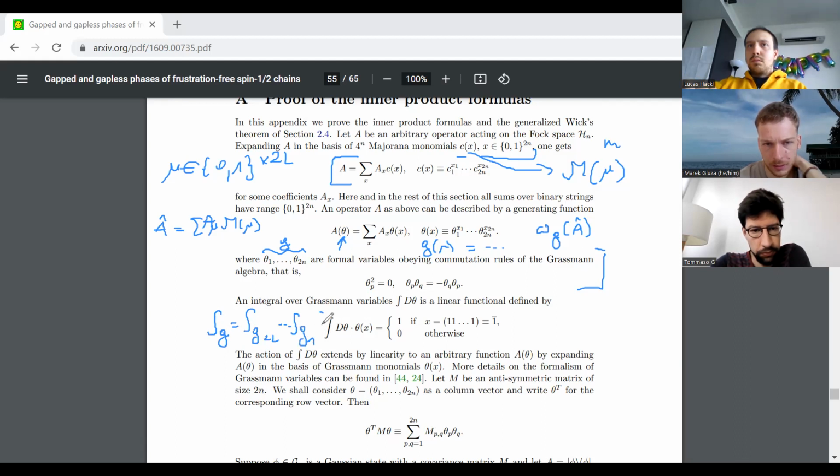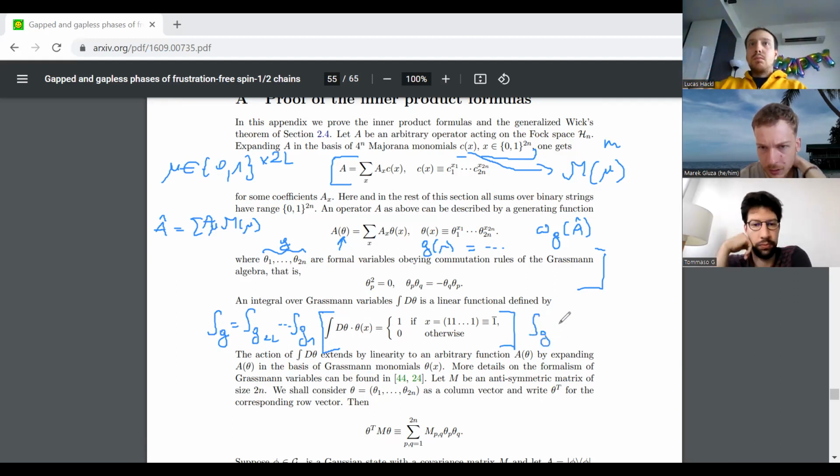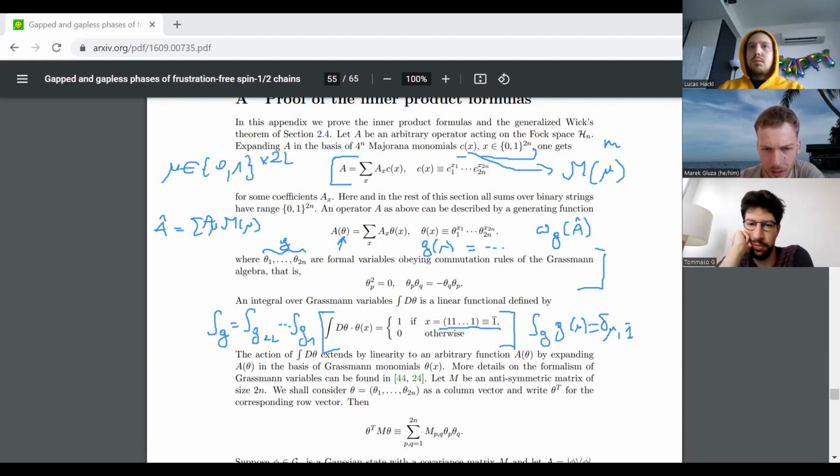And that's basically this integral that we were discussing, which means that in our notation, G of mu is Kronecker delta mu with 1, and I think I was also using a bar for the fully one string, just as here. So that was one integral that we were discussing.